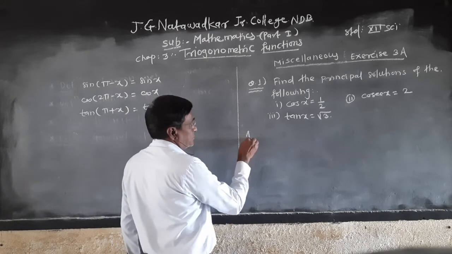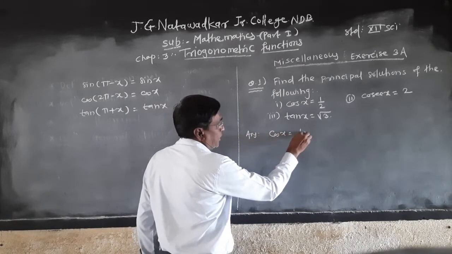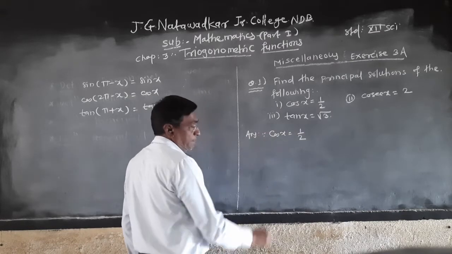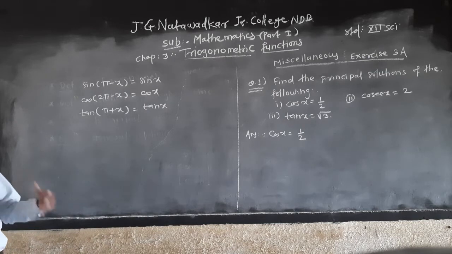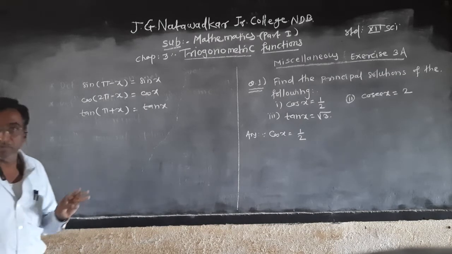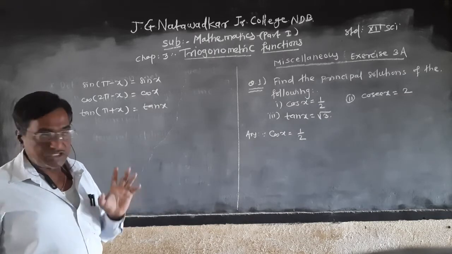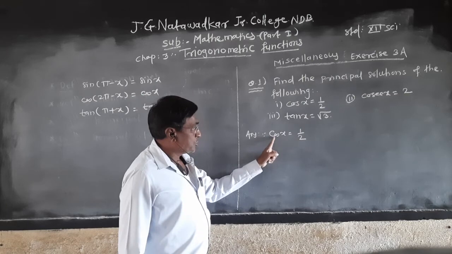The first example is cos x is equal to 1/2. You have been given this equation, but you already know the value of the cos ratio at the standard measures, that is 30 degree, 45 degree and 60 degree. So 1/2 is the value of the cos ratio at which degree?